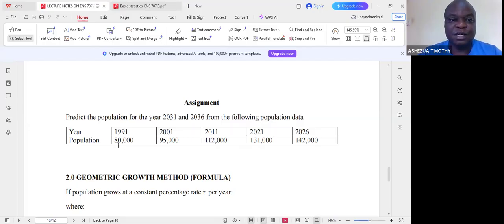For 1991, we have 80,000. For 2001, we have 95,000. For 2011, we have 112,000. For 2021, we have 131,000. For 2026, we have 142,000.